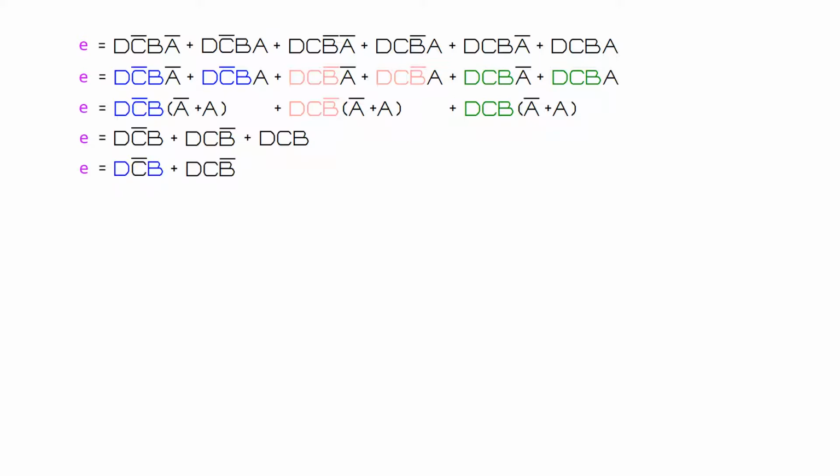But you'll notice even once we've simplified, the first and third terms have D and B in common, and C or not C is 1. So we can further simplify with the complement law.